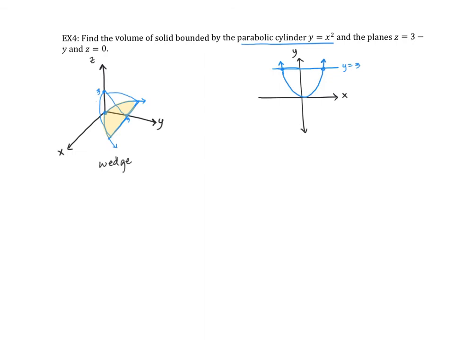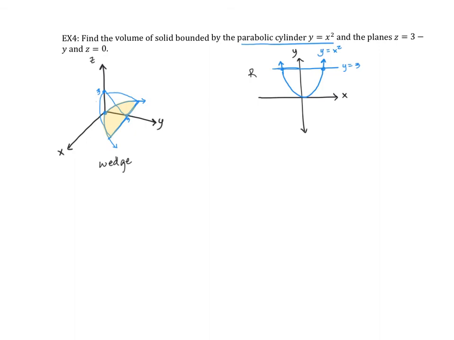So this region R in the xy plane, the upper function is y equal to 3. The lower function is y equal to x squared. So I have an upper and a lower. That tells me my integration with respect to y will be variable, x will be constant.